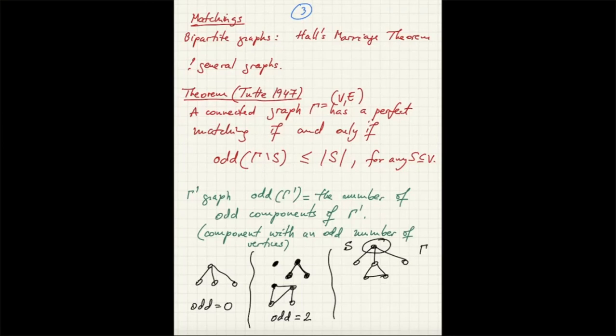So gamma minus S is the graph obtained by deleting the vertices in S. In this case, S is only one vertex. If we delete it, what do we get? We get a graph that has these 3 components. So in this situation, odd of gamma minus S equals 3.